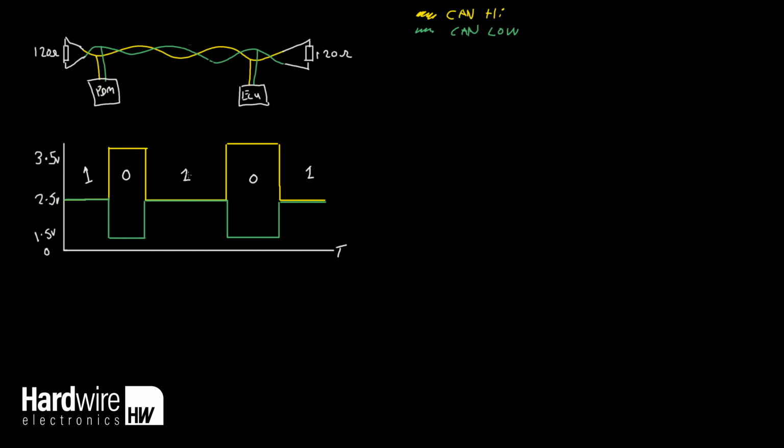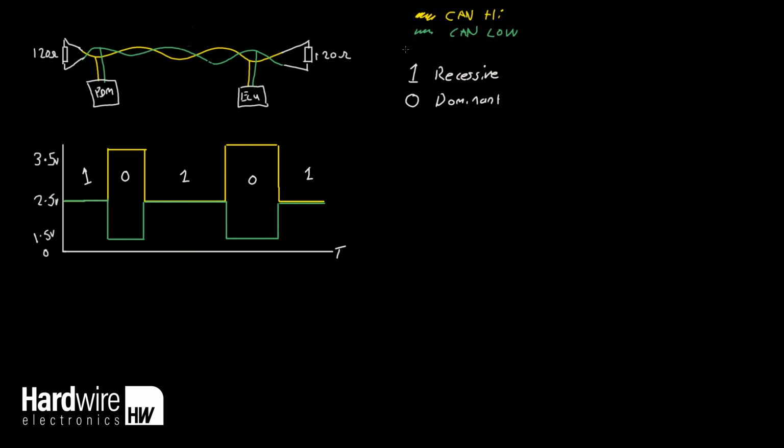A 1 is the default state that the bus goes into when nothing is trying to write onto the bus. So let me try and explain this a little bit better. So on the CAN bus, a digital 1 is considered to be recessive, and a digital 0 is considered to be dominant.